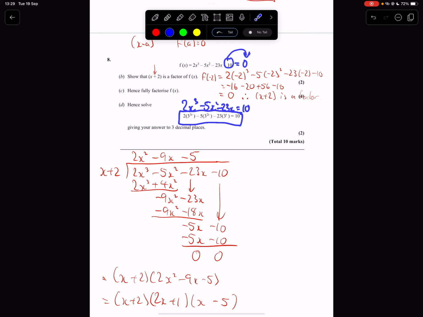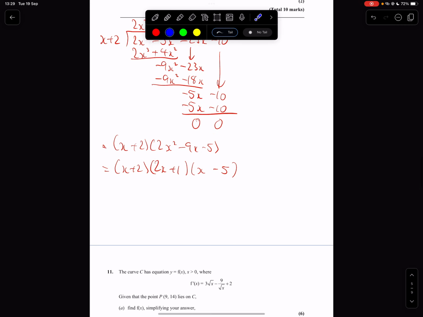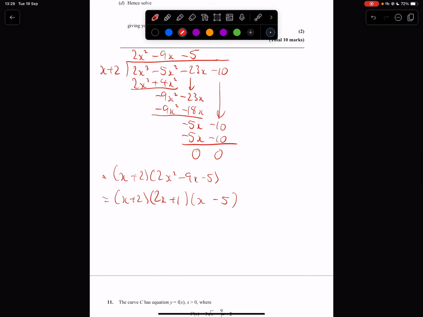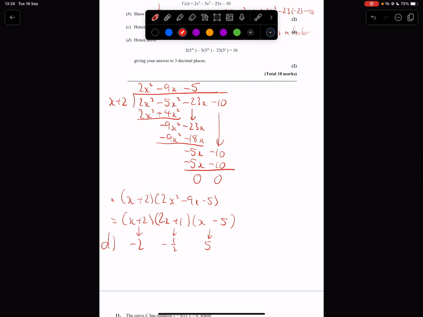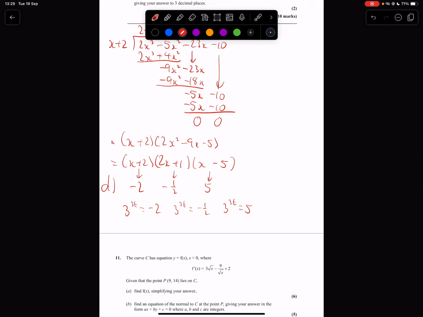So if our solutions to the question before, this part D, would be minus 2, minus a half, and 5, from these factors, then we can say, okay, we need to solve when is 3 to the 3t equal to minus 2, 3 to the 3t equal to minus a half, and 3 to the 3t equal to 5.